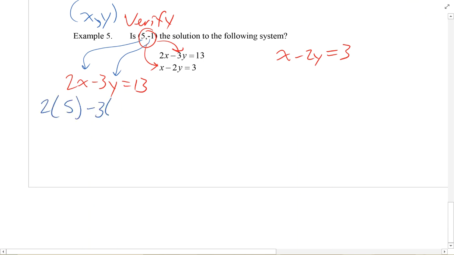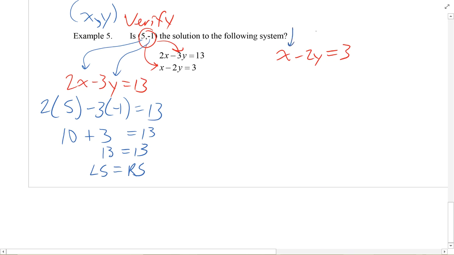And you actually have to show your work here. I know it's really hard. So right now it looks like it's a solution because your left side equals your right side. So now it's really important that we do our substitutions here correctly. Go for it.